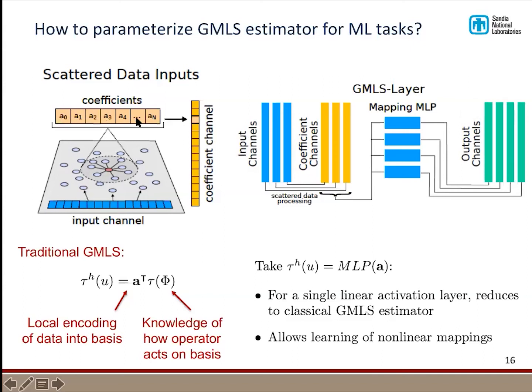So it's a little bit abstract, right? To make it concrete, let's assume that we're working with a polynomial reconstruction and say you're in 1D, and you're working with quadratics. So the basis would look like 1, x, x squared, for example. The coefficients represent the best fit of your data to a polynomial in that space.